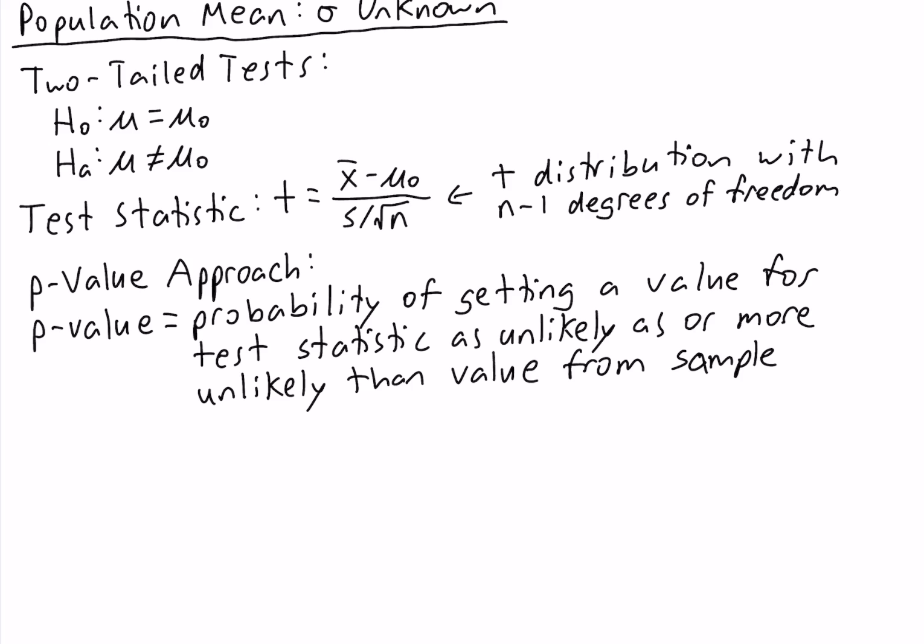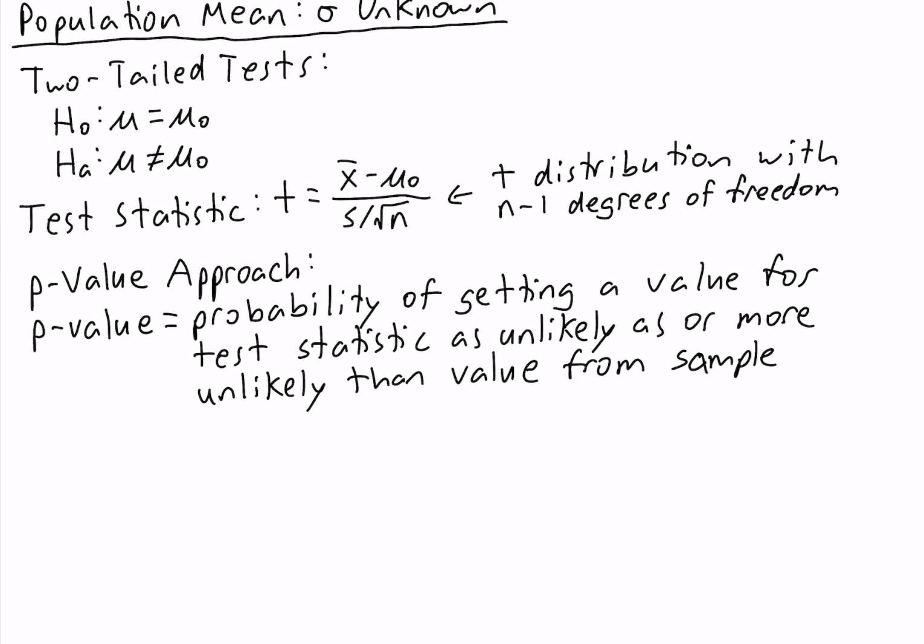So let's take a look at what this definition is saying. When it says the probability of getting a value for the test statistic, it's talking about a t-value because our test statistic follows a t-distribution. So it's the probability of getting a t-value as unlikely as or more unlikely than the value from the sample.